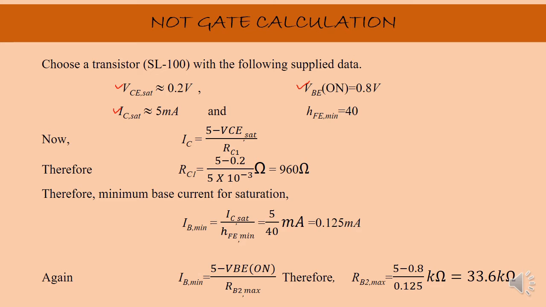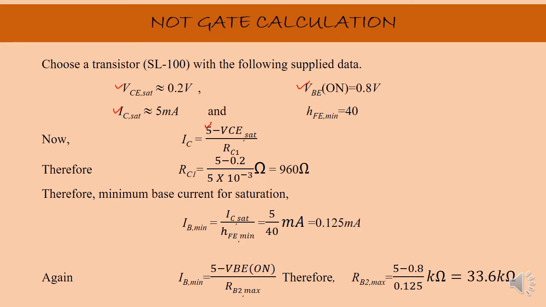Now to calculate RC1, first we measure the voltage difference in the collector terminal, that is 5 minus VC divided by RC1. 5, because a 5 volt power supply is used in this circuit. 5 minus VC, the collector terminal voltage, by RC1.